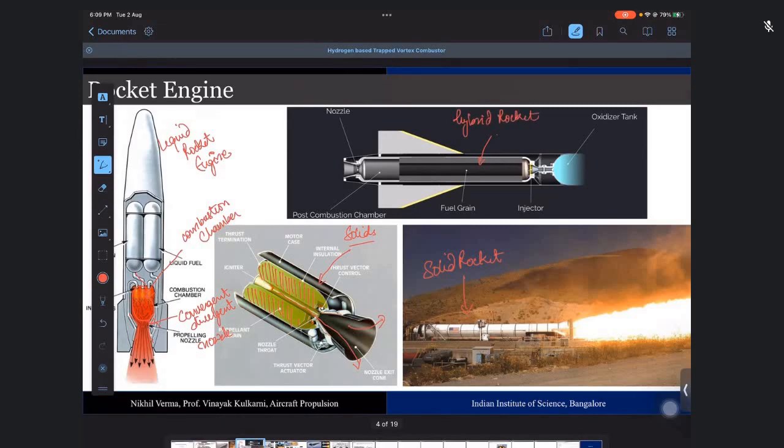They have fuel in the form of solid and they pass liquid, and this helps in surface reactions. The surface reacts with liquid oxygen and forms gases, and then they expand through the nozzle. So these types of engines are known as hybrid rocket engines.